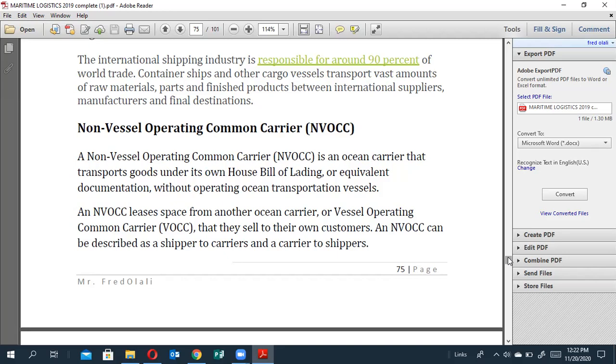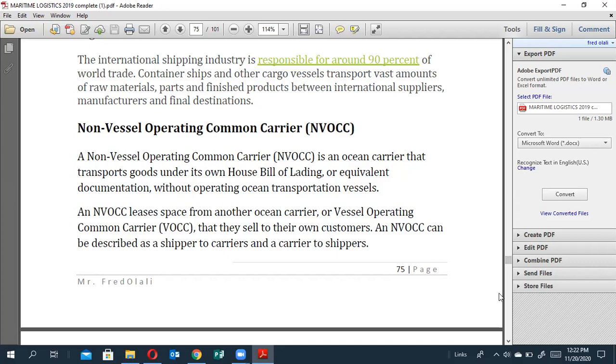They lease space from the ocean carriers, the vessel operating carriers, and sell it to their own customers.